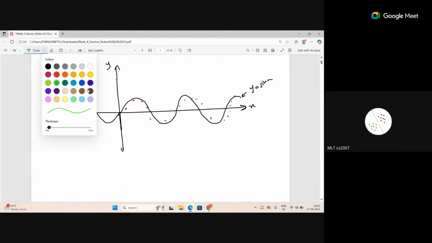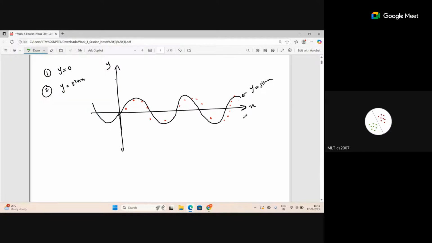So let's say I have the x test here, somewhere here. In this case, the training error is low for which case? Y equal to 0 or y equal to sin x? Training error is high for y equal to 0, and low for sin x.